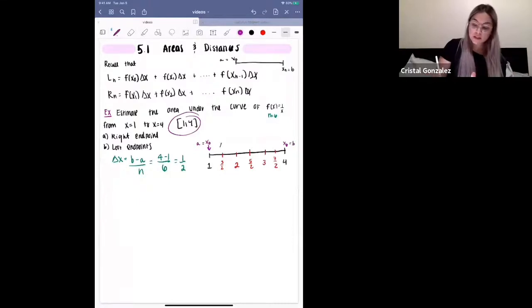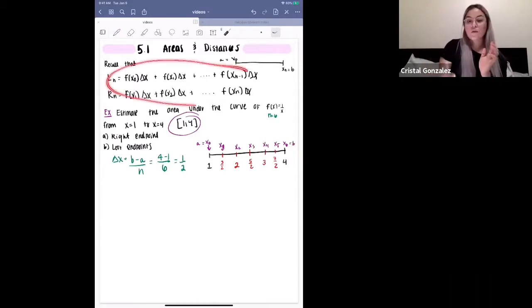And so this is x1, x2, x3, x4, x5, and then x6. That way, when you're plugging them back into your left and right endpoints, you can easily input them and know which one you're inputting into what.